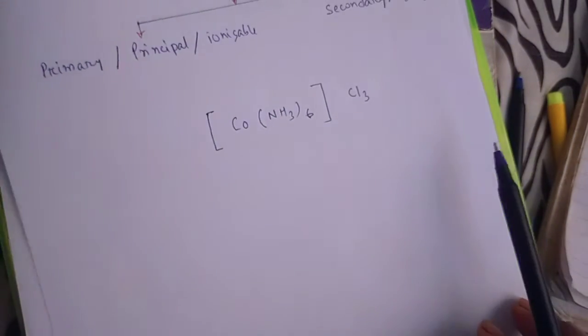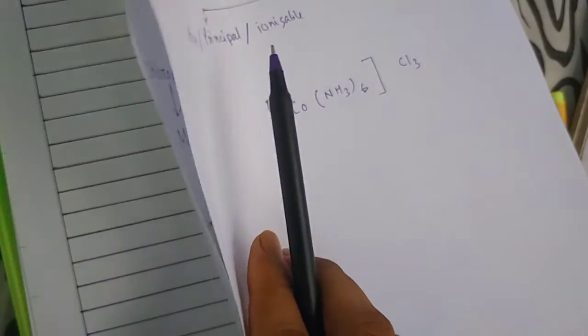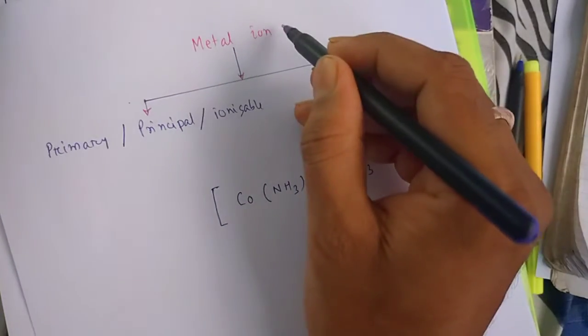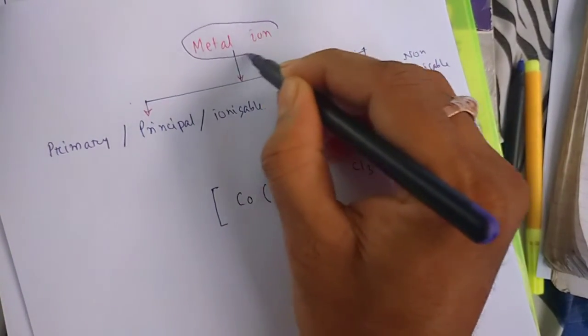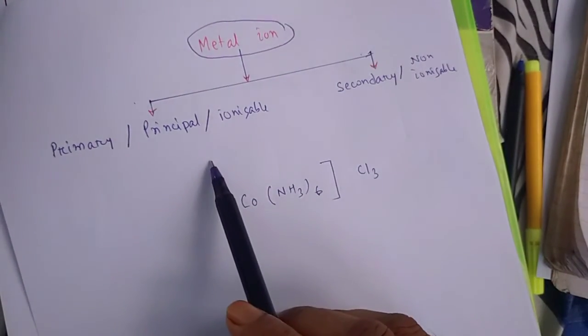Then we have to learn about metal ions. A metal ion, for example a transition metal ion, generally has two types of valencies.